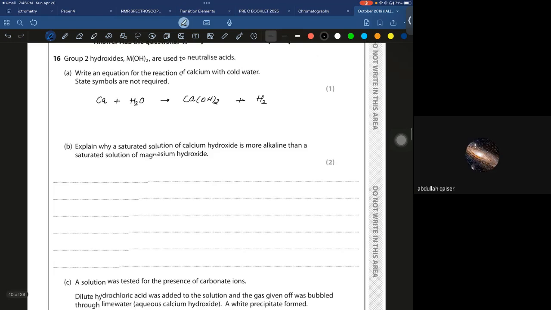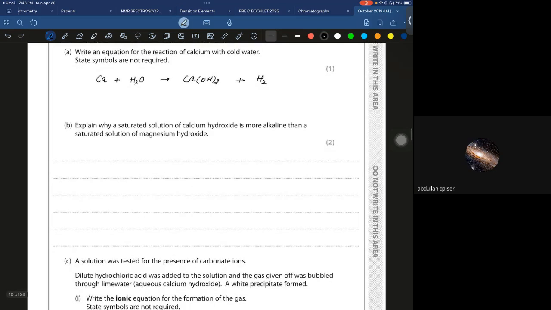Then explain why a saturated solution of calcium hydroxide is more alkaline than a saturated solution of magnesium hydroxide. So magnesium hydroxide is less soluble in water as compared to calcium hydroxide, as the solubility of hydroxides increases down the group. So when calcium hydroxide is more soluble, it would be giving you more OH ions.